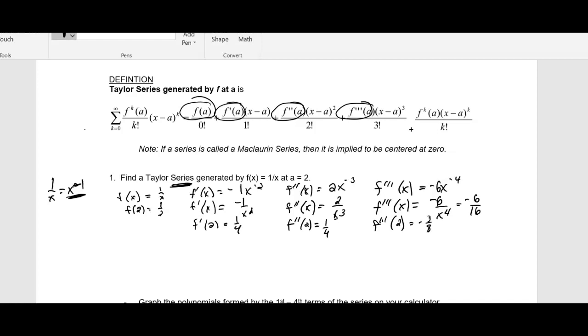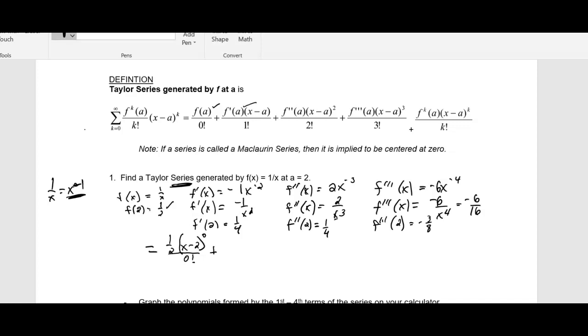So what we now set up, we're just using this big messy formula up here. So let me clean that up a little bit. So you're going to take your functional value, which is this 1/2 here. That basically means that's our 0 derivative term. You don't have to write what I'm going to write next, but just so we understand our pattern, this would be x minus 2 to the 0 power over 0 factorial. Then we would do plus.